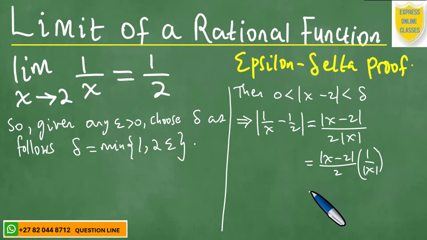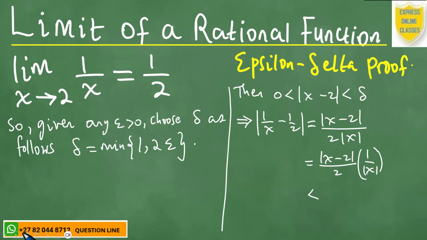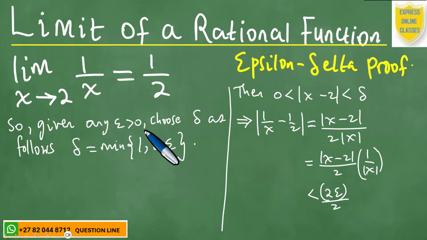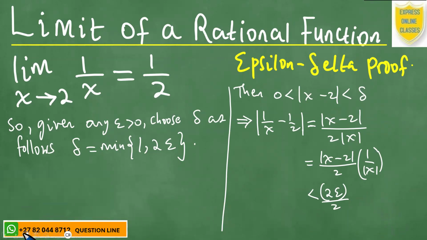So that in the end, you'd have that this is less than. The absolute value of x minus 2, we know very well, is less than 2 epsilon by the choice of delta. So in the place of this, you put 2 epsilon over 2, and 1 over the absolute value of x is strictly less than 1.